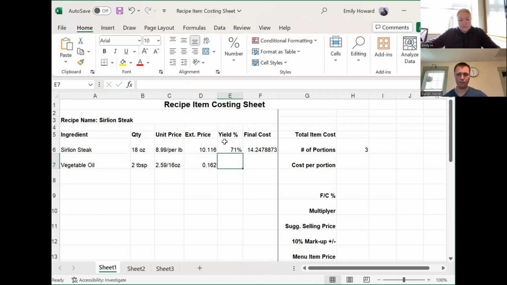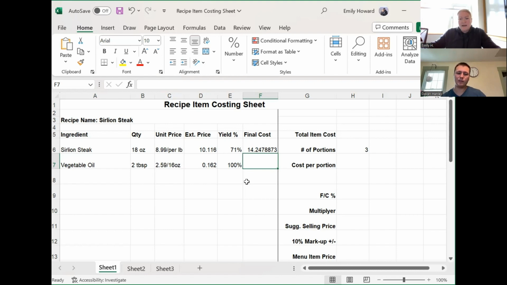Very good. Yield is really only when you're dealing with the weight of something, because if you say I need 8 ounces of apples that are peeled and cored, you're going to have to buy more than 8 ounces of the apples to get the final weight of 8 ounces, because you're taking the skin off, you're taking the core out. You know what I mean?